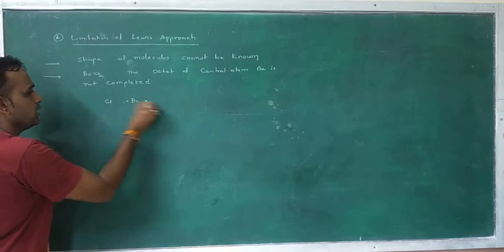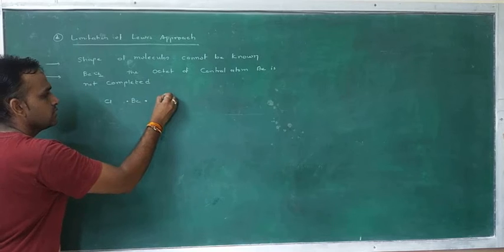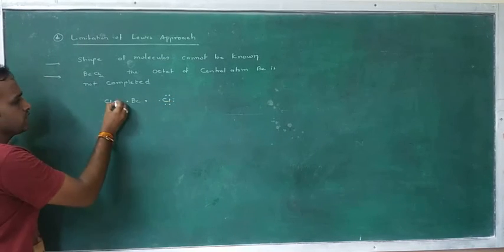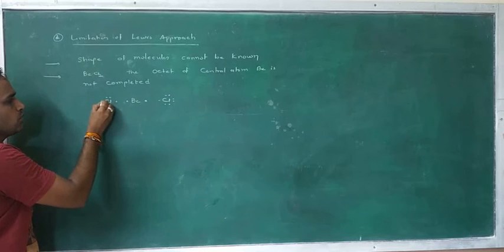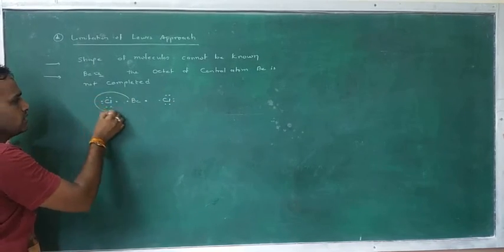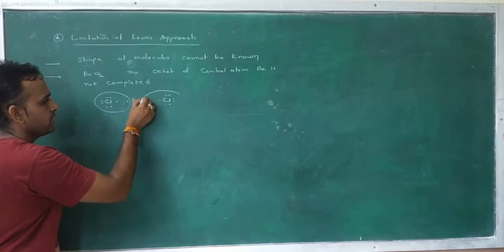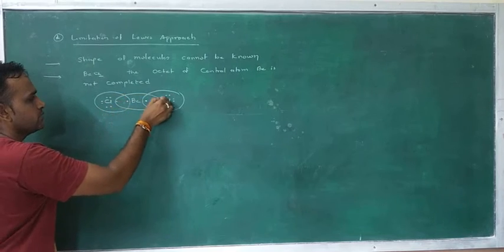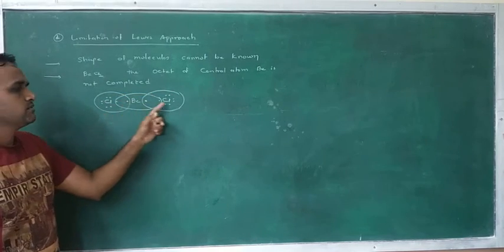Here chlorine and here also chlorine, so 1, 2, 3, 4, 5, 6, 7. Same way here 1, 2, 3, 4, 5, 6 and 7. See, the octet state is completed for each chlorine. But in between, at beryllium, only 4 electrons are there.